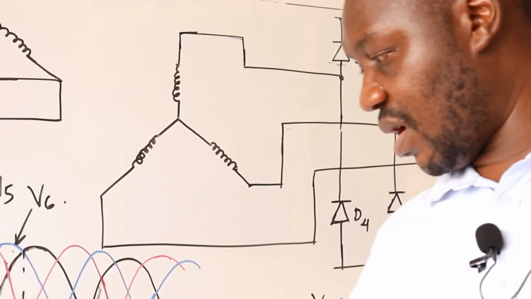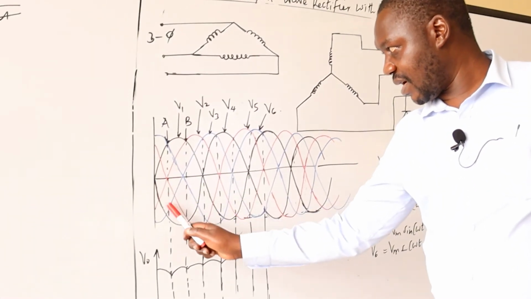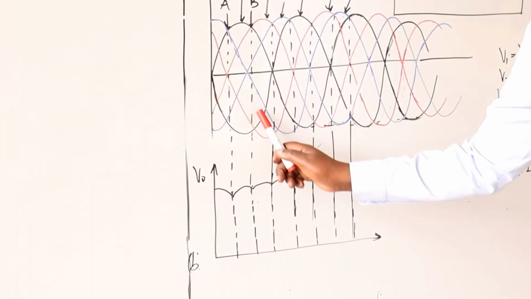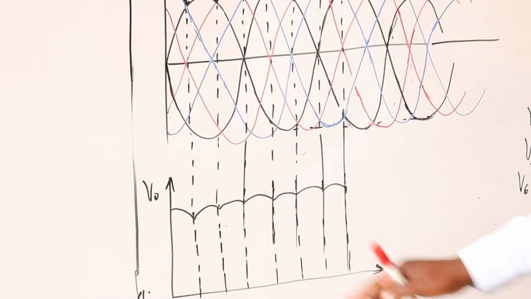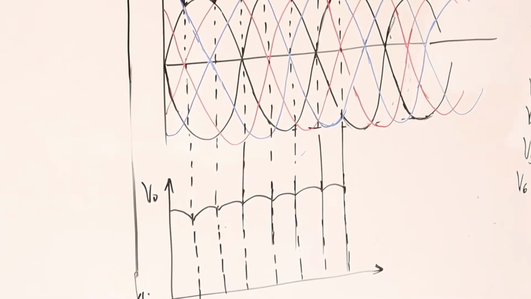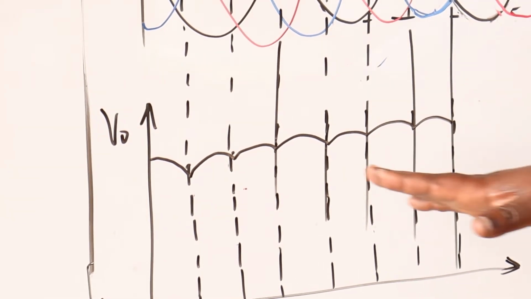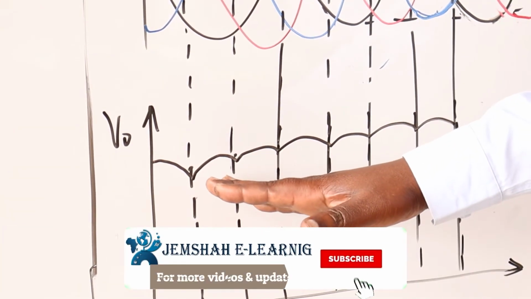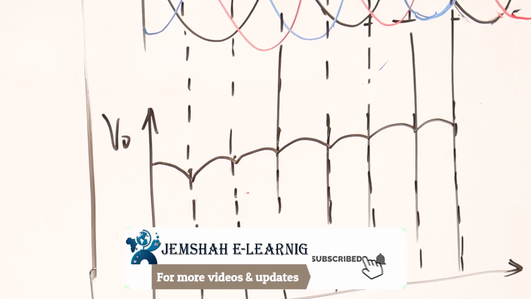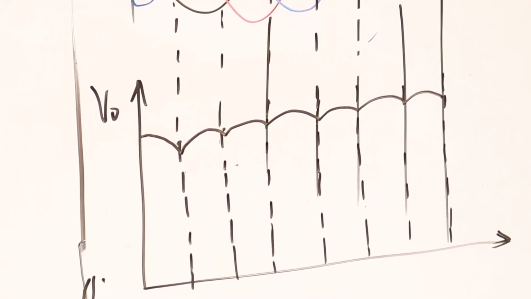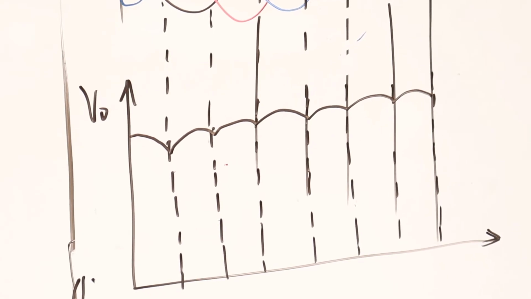So this is how our output waveform will appear. This is how we drop from the points of intersection, then we come up with our output waveform. You can see it is almost there. The way it appears, the ripples seem to be less compared to the previous ones.